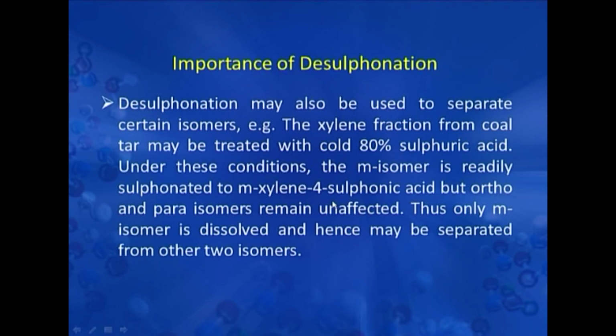Now, in this cold 80% sulfuric acid, only the meta isomer, meta-xylene, reacts, whereas ortho and para do not react, and this meta-xylene dissolves in the cold sulfuric acid. So, when we separate the cold sulfuric acid and the remaining residue, meta-xylene is separated from the mixture of ortho and para, and then we can carry out the meta-xylene isomer in this way.